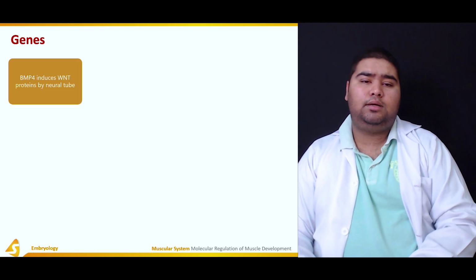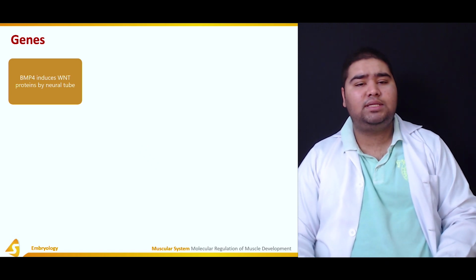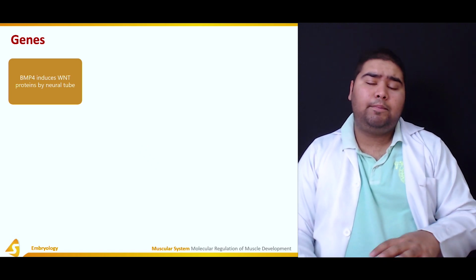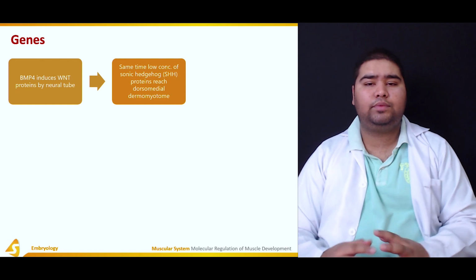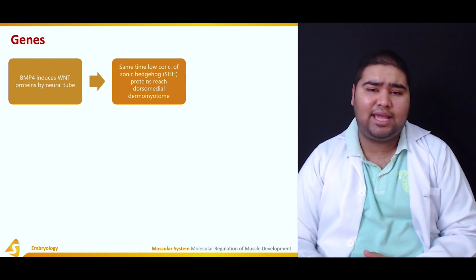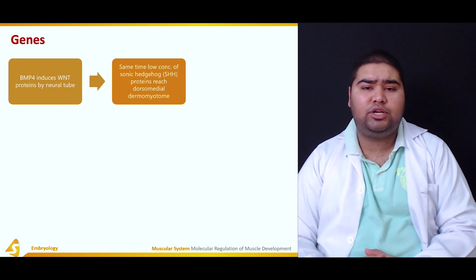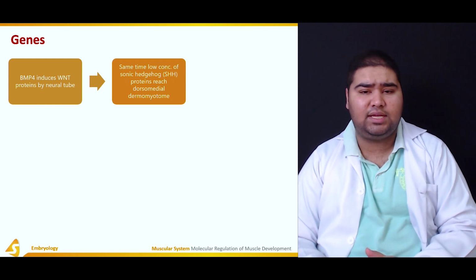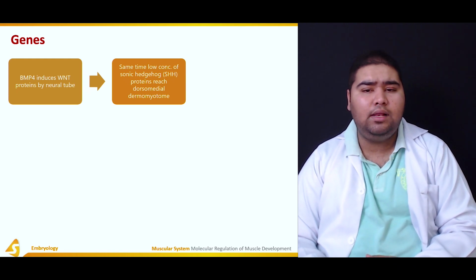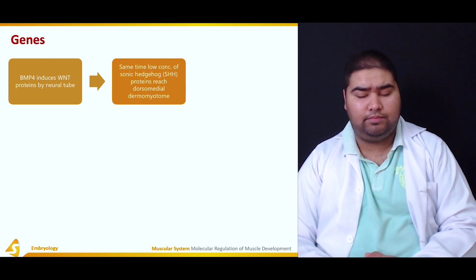So this BMP4 induces WNT proteins by the neural tube. It is happening at the same time as low concentration of sonic hedgehog proteins reach the dorsomedial dermomyotome.